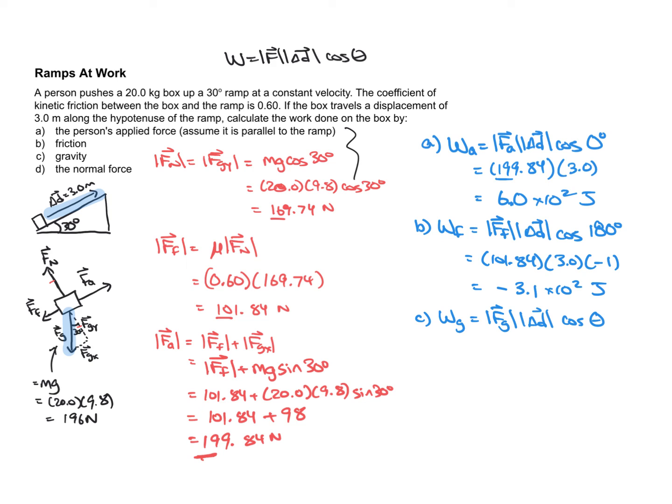If I were to draw those two arrows tail to tail, what would be the angle between them? Well, I would do 90 plus 30. A right angle of 90, plus the 30 that the displacement is pointing in. So that'll make the angle 120 degrees. So theta is going to be 120 degrees.